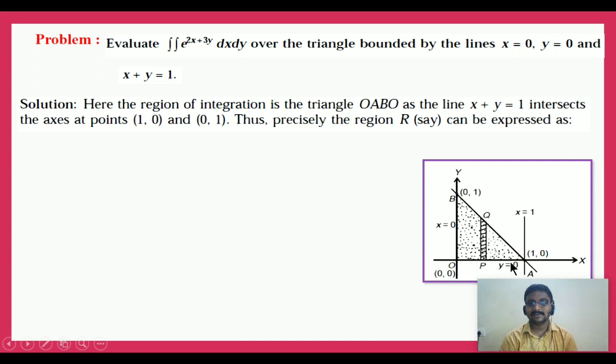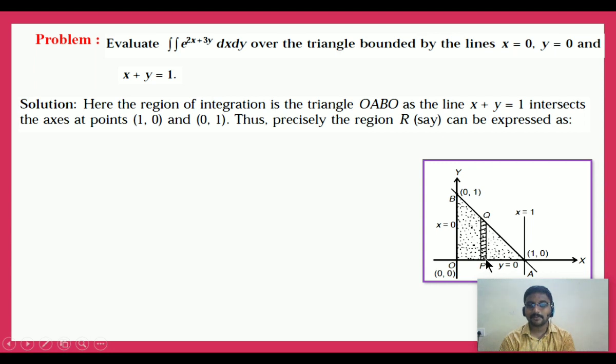It is bounded by the lines y equal to 0, that is the x-axis, x equal to 0, that is the y-axis, and the line x plus y equal to 1, having slope 1 unit. It is the line. Now this dotted region is the closed region. In this region we have to take a strip, drawn parallel to the y-axis. According to the strip, the y limits are variable limits in terms of x.